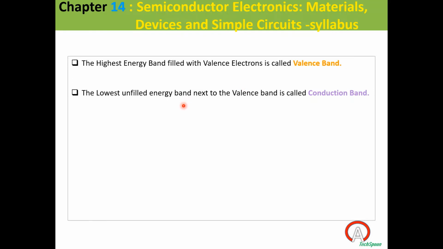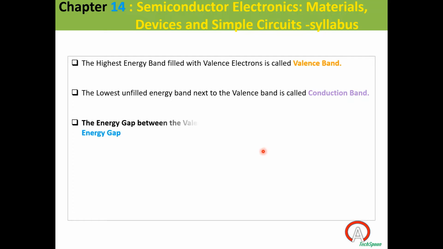So from the valence band, if the electrons get higher energy than the valence band energy, they move to another band, which we call the conduction band. Those electrons in the conduction band, that transition causes the electric current.